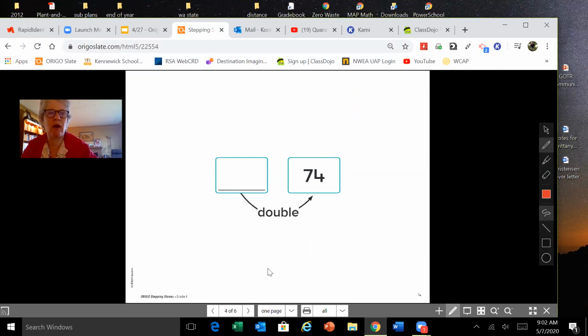Now here's something a little bit different. We've got 74, and this is a double of this number. So basically, we're going backwards. We're actually dividing.